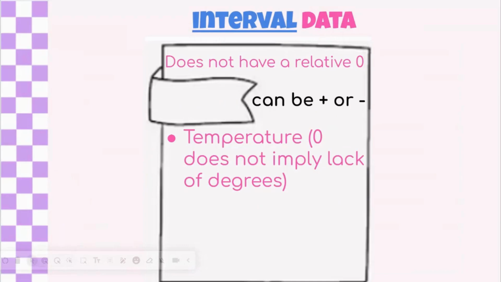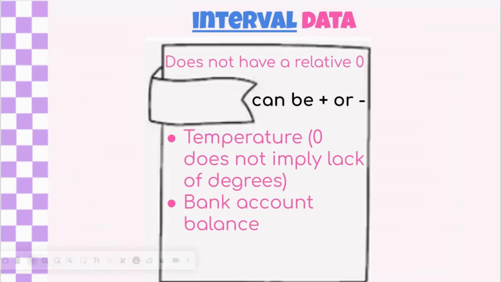If the temperature is 0 degrees outside, that does not mean that there is no temperature. It simply means that it's very, very cold and there is temperature. Temperature exists. So in this case, 0 does not mean nothing. 0 means something, which is very cold. It can also be positive or negative numbers, like your bank account balance, which is going to be interval data.